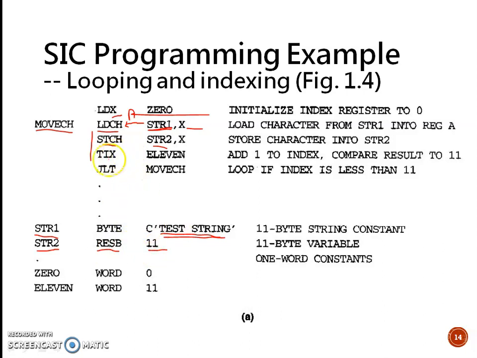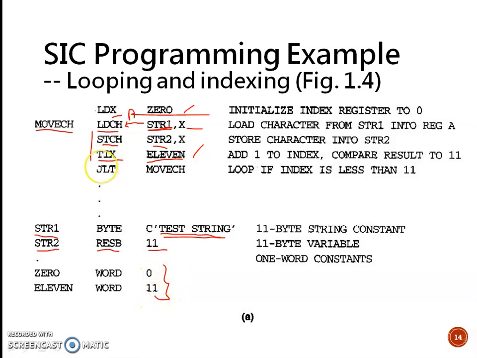Okay, then TIX 11. So in this case it will be doing an addition operation to the index register and compares that with 11. So 0 and 11 are already declared as word constant values.